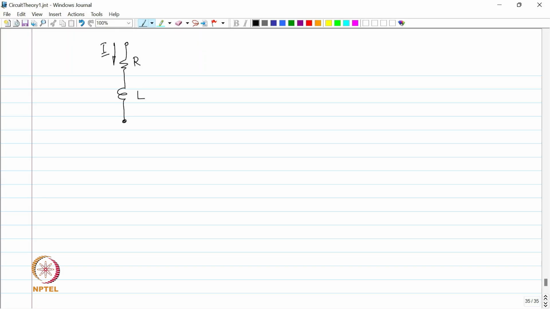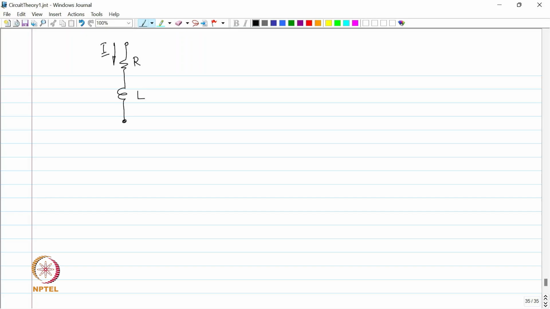I underline is a complex number. For a few days we will put the underline, and later on we will stop putting the underline because everything is complex. For now, the underline is there to reinforce that this is a complex number.